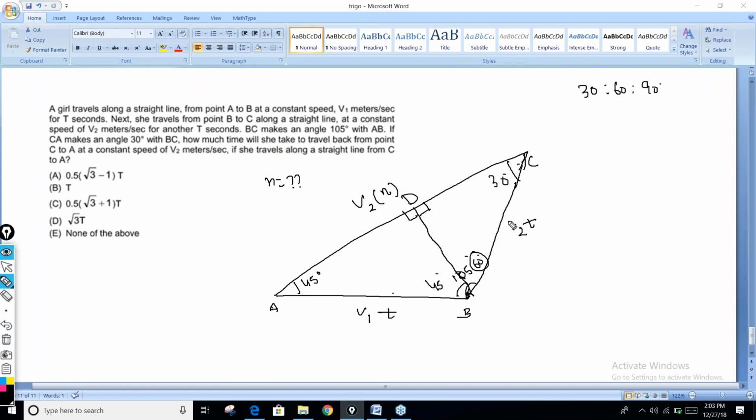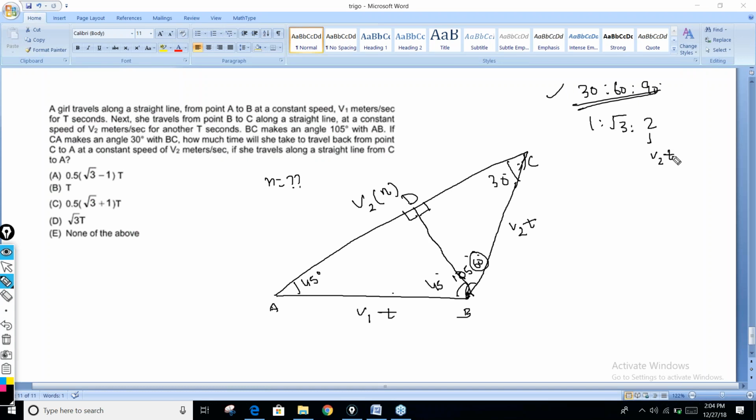I'm sure you are wondering that most of the questions are actually using 30, 60, 90. When I took geometry, I told you that this is going to be very useful in many of the questions. The side ratio is again 1 is to root 3 is to 2. Which side is given? We know this side, v2t in front of 90.